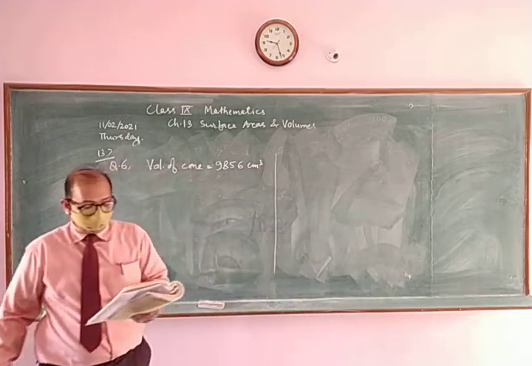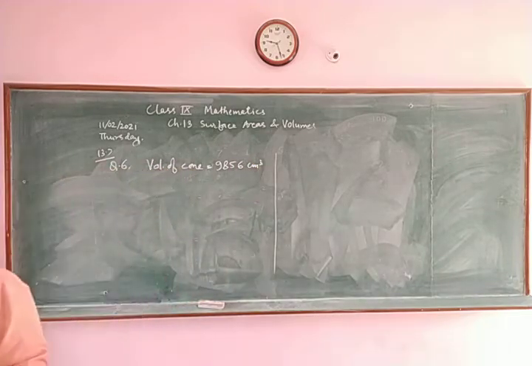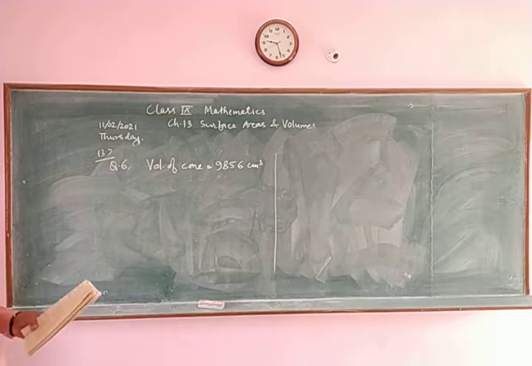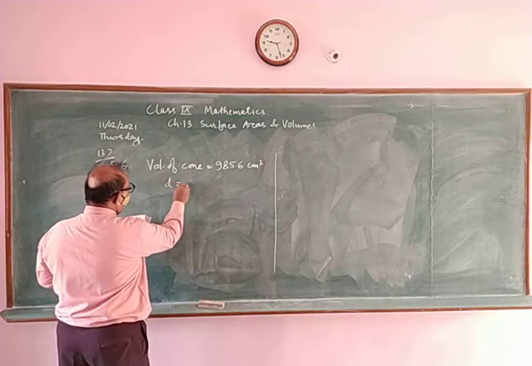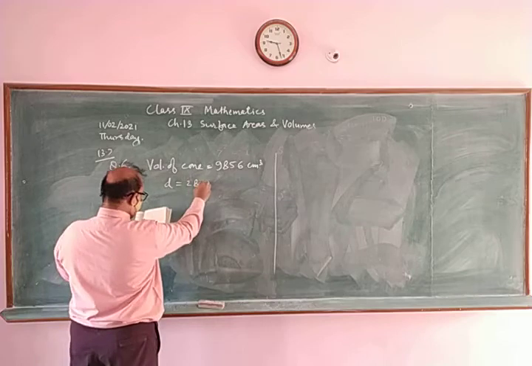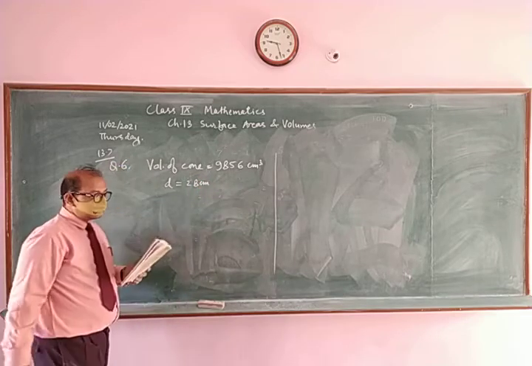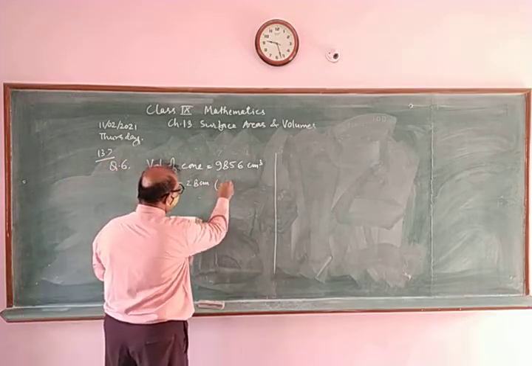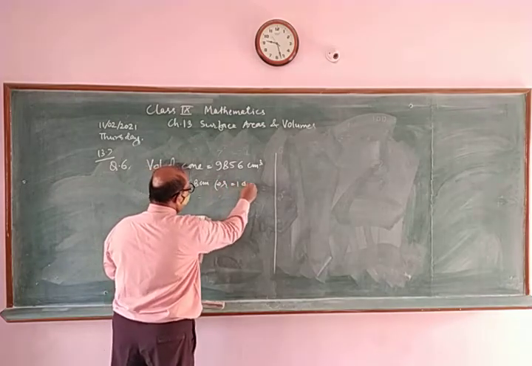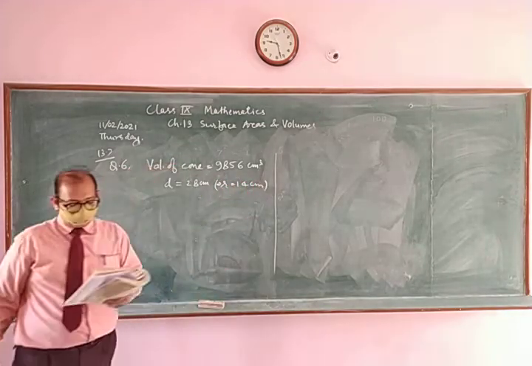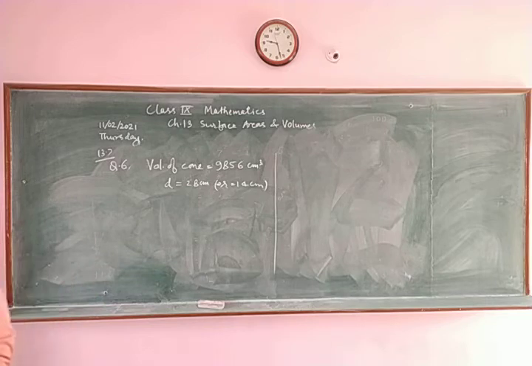What if the diameter of the base is 28 centimeter? So radius will be 14 centimeter. Now we have to find the height of cone, slant height of cone, and curved surface area also.